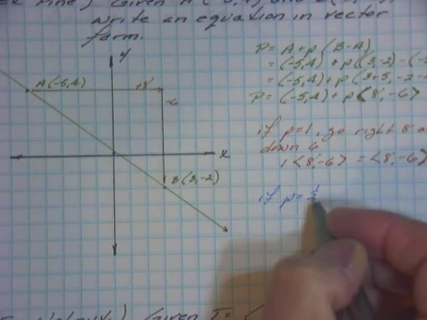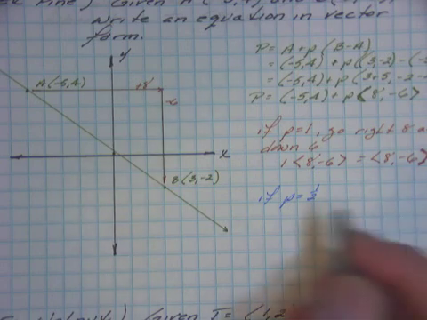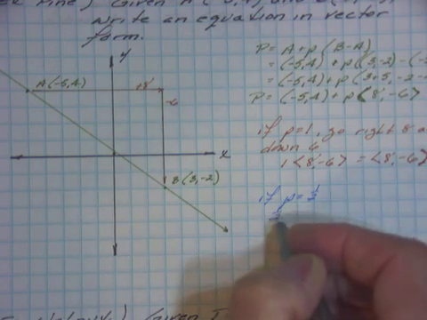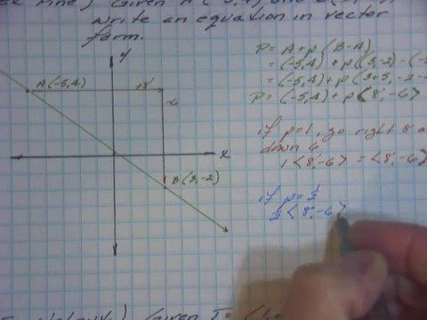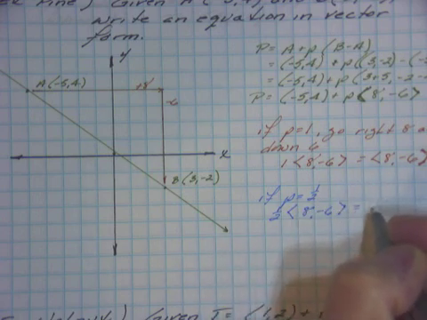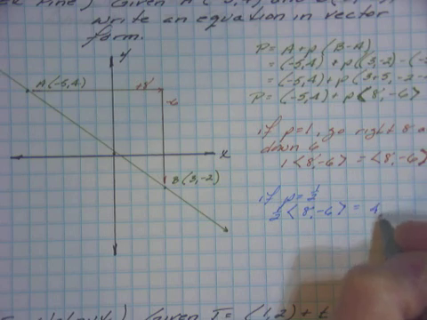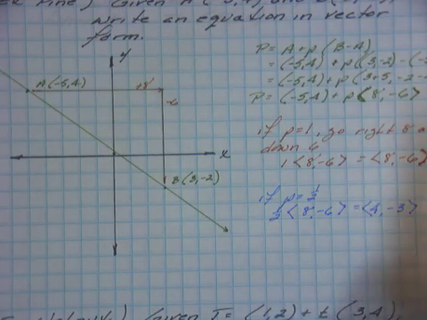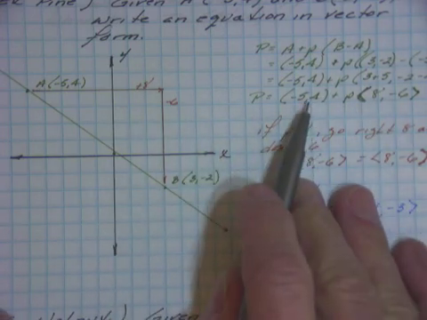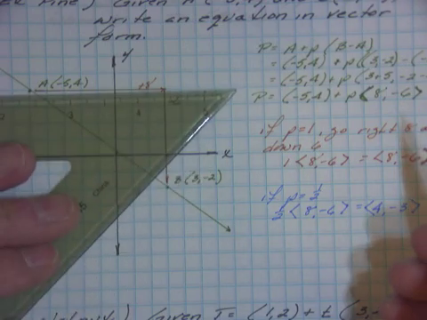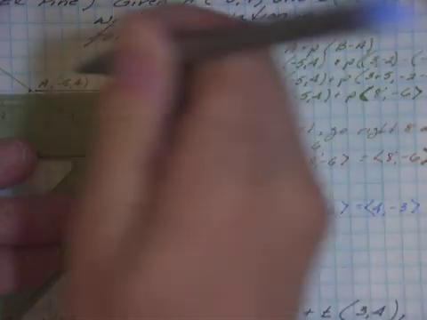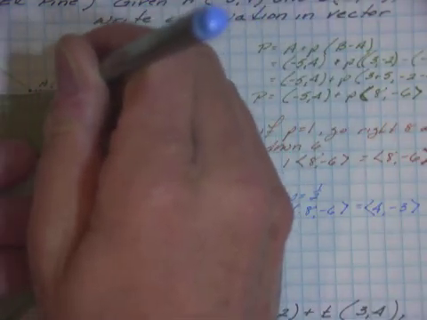What if lowercase p equals 1/2? Now we've got 1/2 times the vector component of 8, -6, which takes me to 4, -3. Let's try that. We're going to start from the same starting place, the -5, 4. But this time, instead of going right 8, we're just going to go right 4.